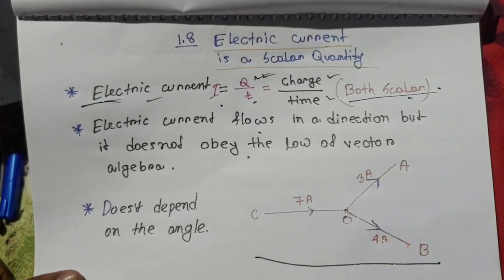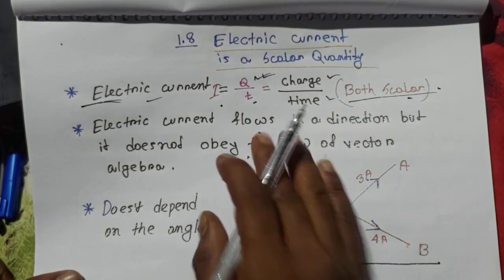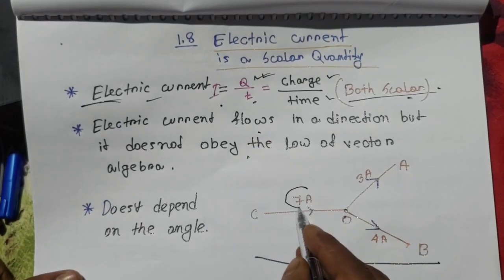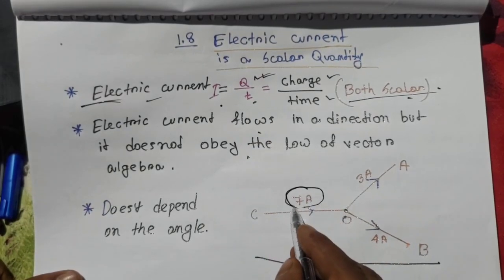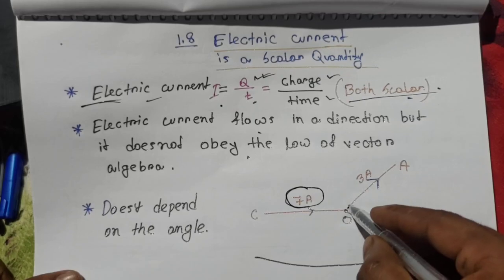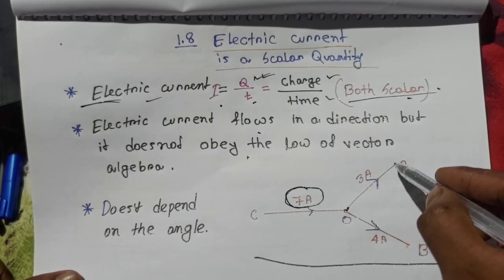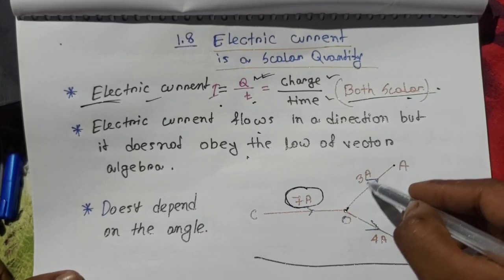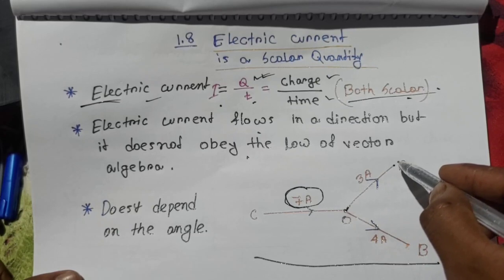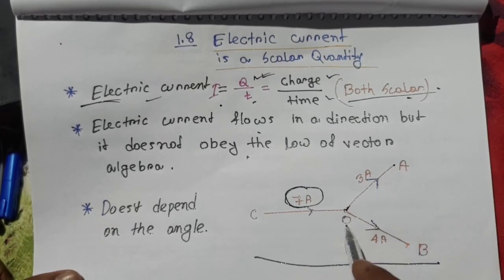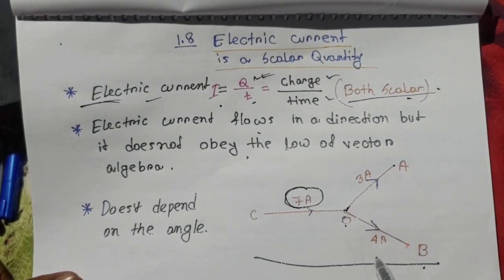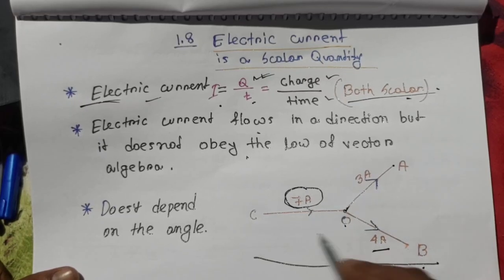At first, here we assume we don't know how much current. Okay, from O to A, 3 ampere current is flowing, and from O to B, 4 ampere current is flowing.